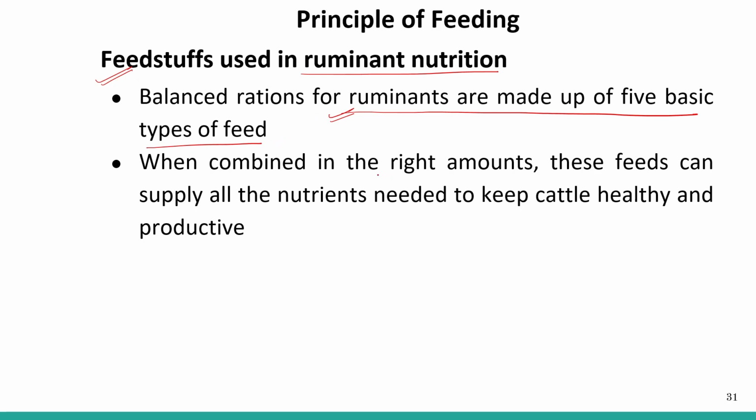When combined in the right amount, these feeds can supply all the nutrients needed to keep cattle healthy and productive. So these 5 basic types of feed, when combined in the right proportion, provide all the basic nutrients needed to keep the cattle healthy and productive.